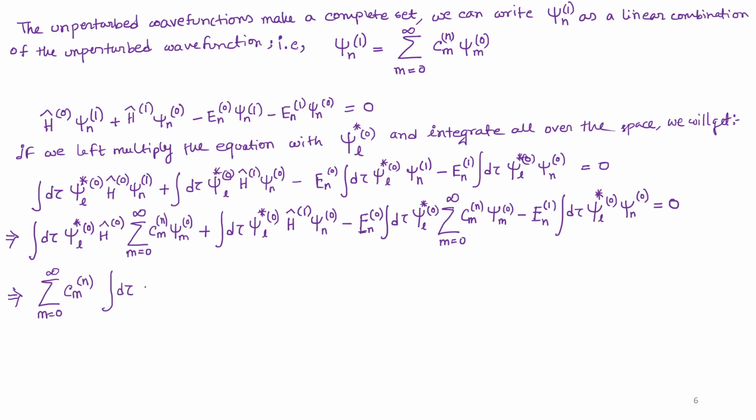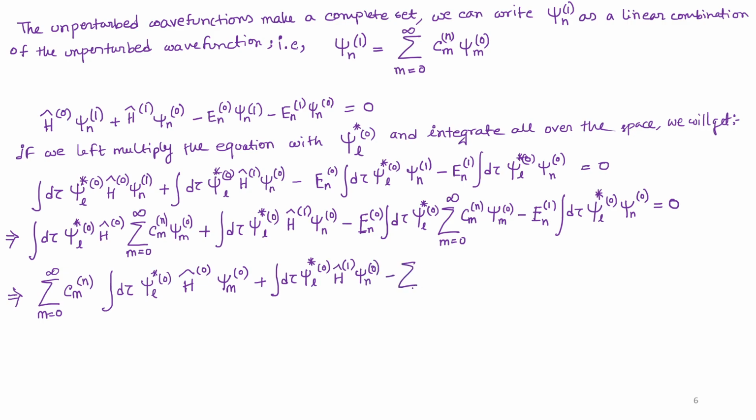Inside the integral there is d tau psi L zeroth star H0 psi m naught. Okay, plus the integral d tau psi L naught star H1 psi n zeroth. There is no change to this.